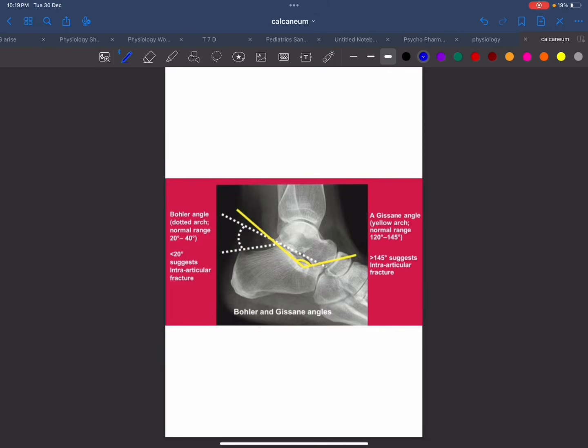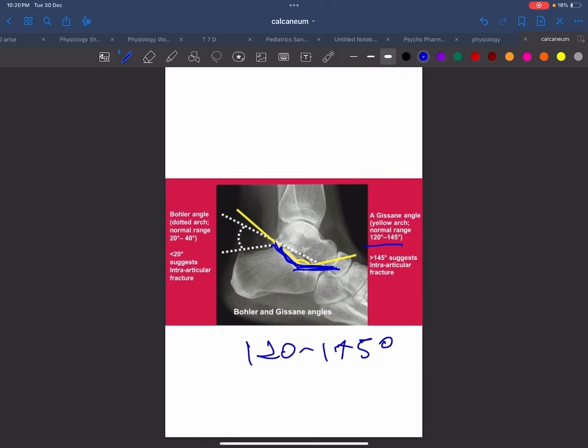The Gissane angle is between the two slopes of the posterior facet, with a normal value of 120 to 145 degrees. So both these angles are most important in the dead lateral view intraoperatively.